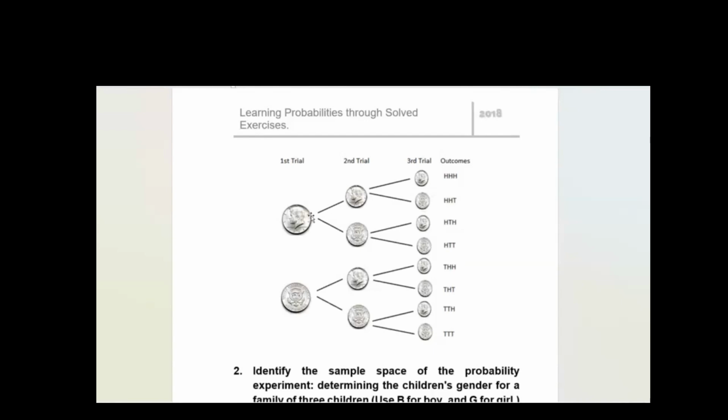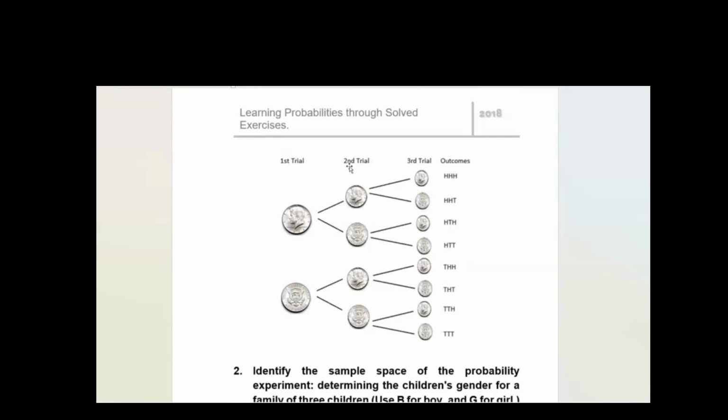The first time that I toss the coin, I have 2 possible outcomes, just to find that we get head or that we get tail. So you have 2 possible outcomes, head or tail.